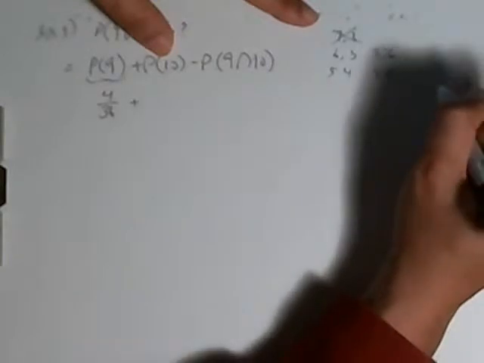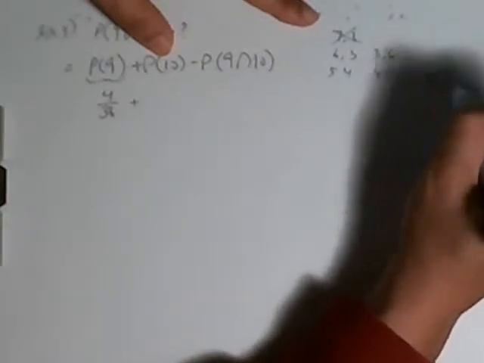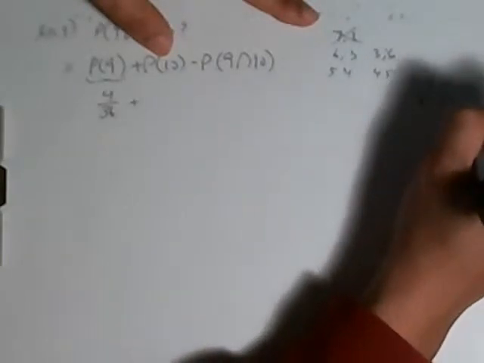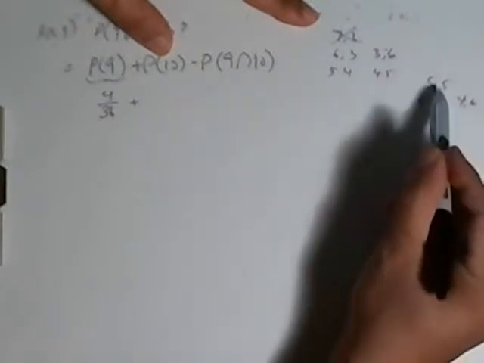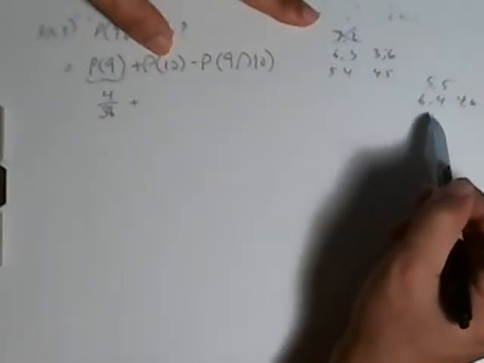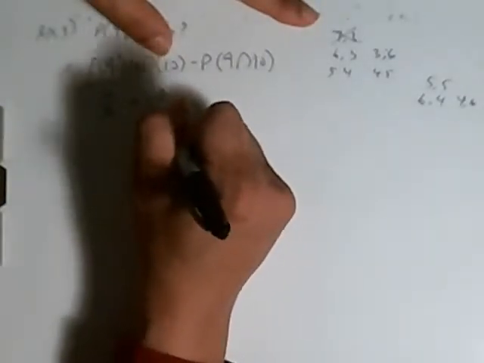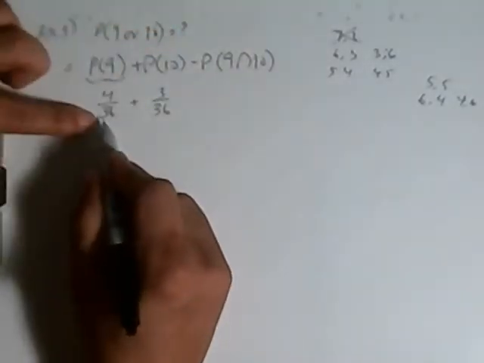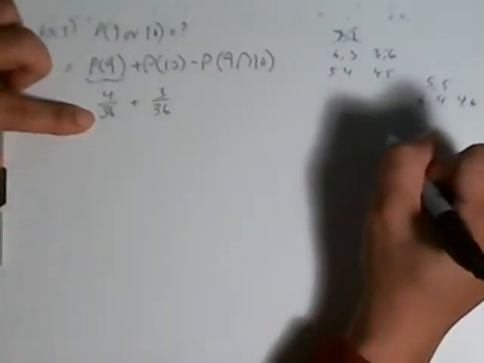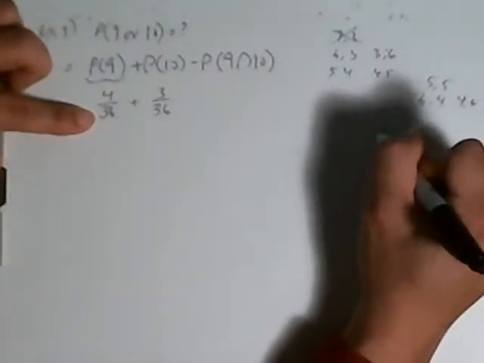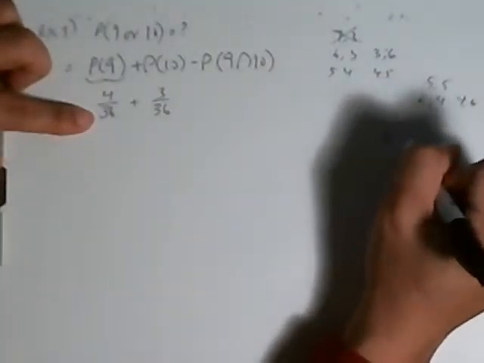The probability of a 10 is going to be a 5 and a 5, 6 and a 4, 4 and a 6. So there's 1 pair, 5 and a 5, 4 and 6, 6 and 4. That's 3 out of 36. The reason why there's 36, by the way, is because you have a 6-sided die. That's how many events are possible in the first roll.